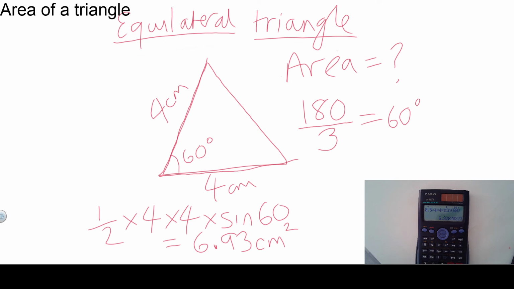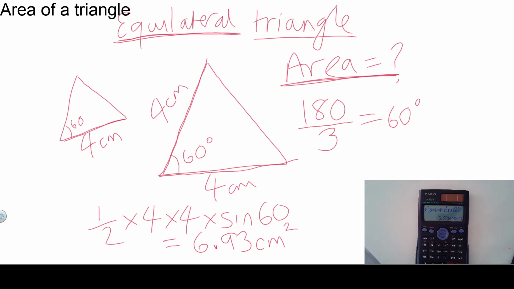So just to recap, all I had was a triangle with a side, and the expectation was to be able to work out the area. The clue was given in the question, this being an equilateral triangle, meaning each angle is 60 degrees, and also all the sides are the same.